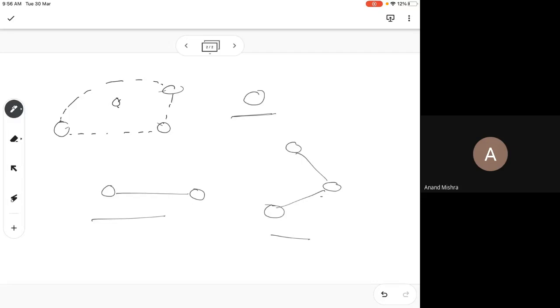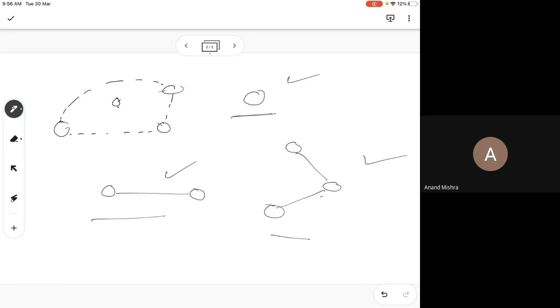There's no violation of the star graph definition. So even this is a star graph, this is a star graph. So I strongly recommend you look into the definitions and understand them thoroughly, because otherwise you will make mistakes.